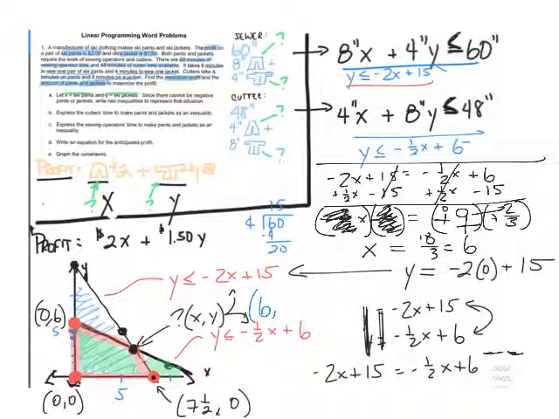If x is going to be 6, then I can pick either one of these statements and see what the y value is. So let's just plug 6 in here. What happens when 6 is my x? Negative 2 times 6, that's negative 12, and I add 15 to it, then y equals 3. So 6, 3.